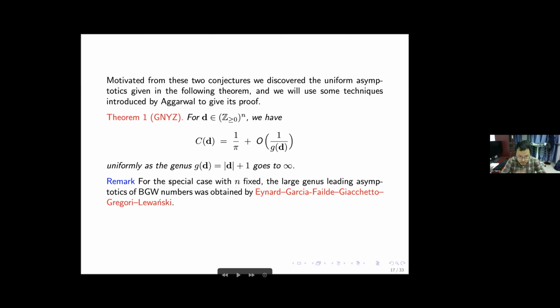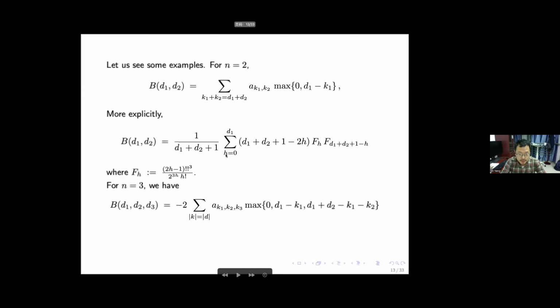For the special case when n is fixed, this large genus leading asymptotic was also obtained by Anna Gachiafeld, Giacchetto, Gregory, and Levansky. In our theorem, we achieve a complete uniformity, so it is even better than here, right?